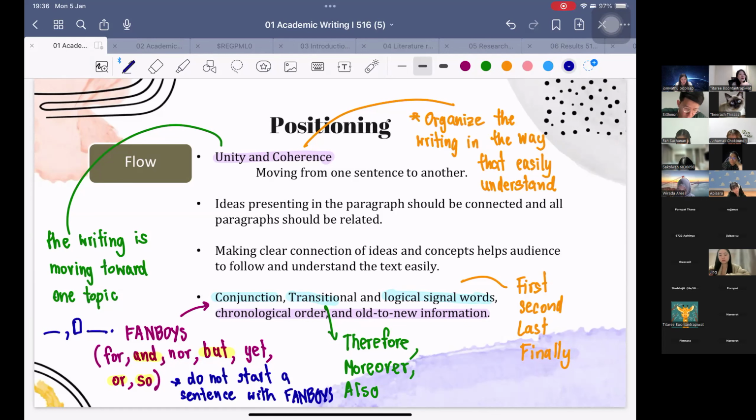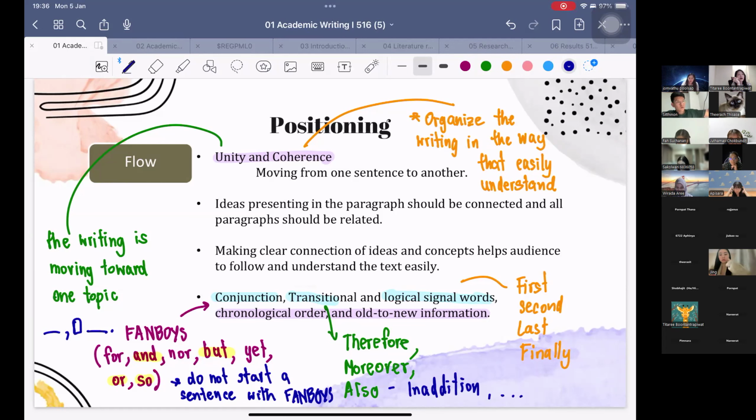Academically, instead of the word and, we go for transition words, which start a sentence with words like also, in addition. There are a lot, so I will show you later. Also, in addition, furthermore, moreover.